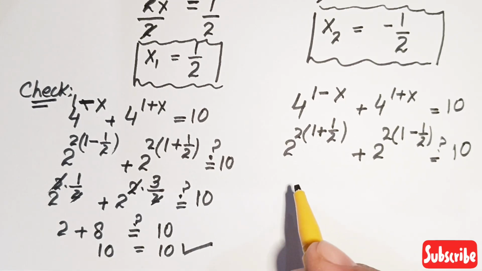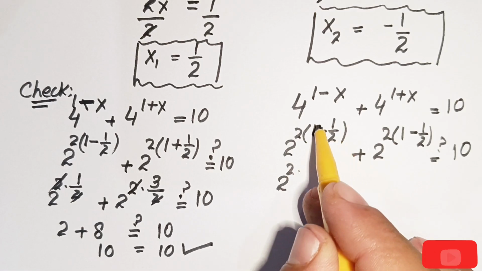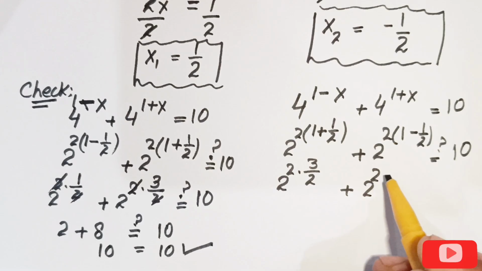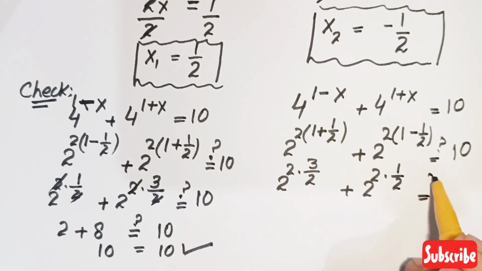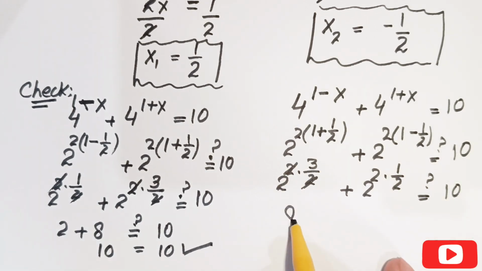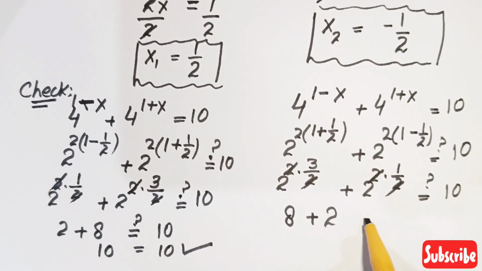Now this 2 squared to the power, here we get 2 times 3 over 2, and here we get 2 squared to the power 1 minus 1 over 2, which is 1 over 2. Is it equal to 10? So cancelling 2 with 2 we get 2 cubed, and 2 cubed is equal to 8. Here we get 2 to the power 1, which is equal to 2.